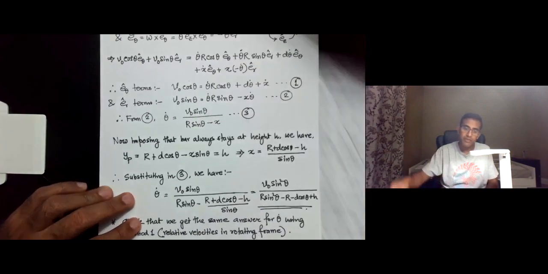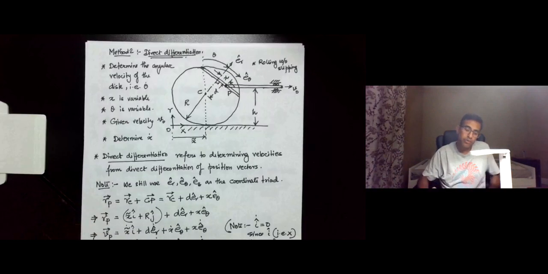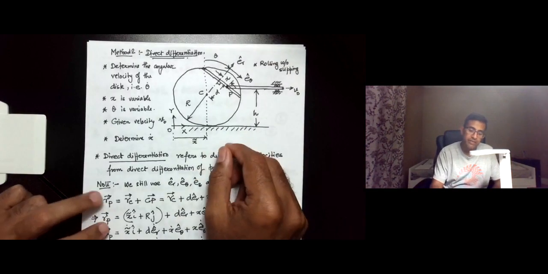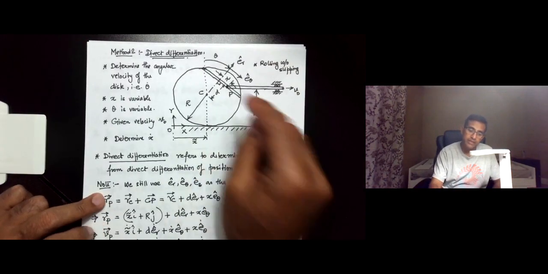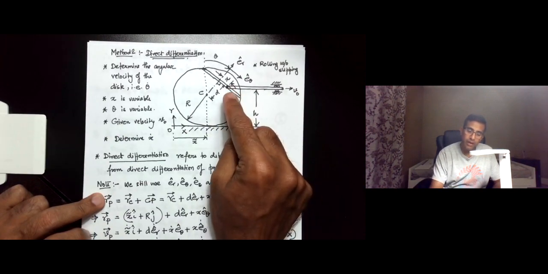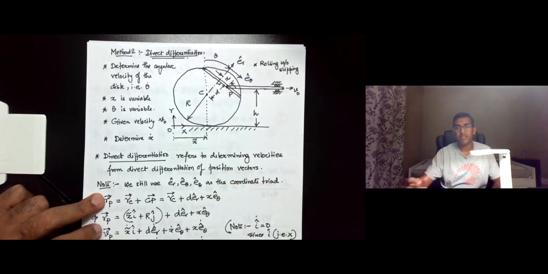One thing that we observed with this direct differentiation approach, or the salient feature of the direct differentiation approach, is that we need to provide the absolute position of the point whose velocity we are about to express.